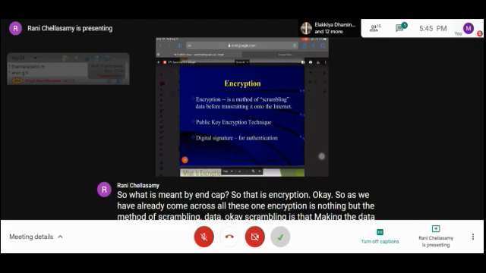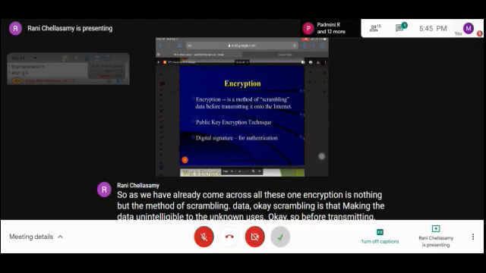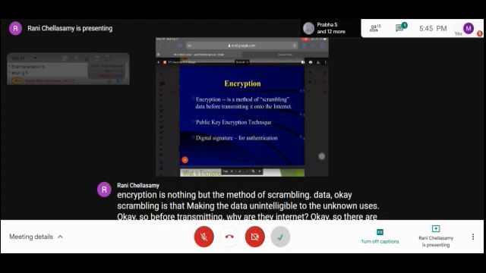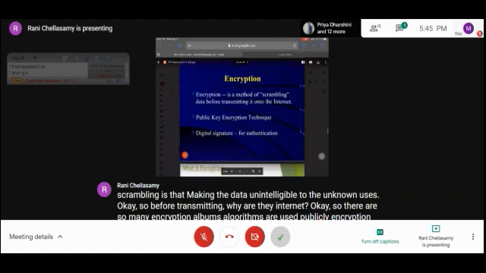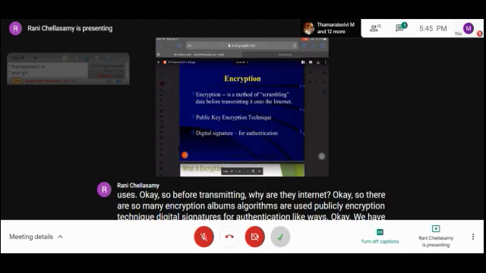There are many encryption algorithms used: public key encryption technique, digital signatures for authentication. Likewise, we have come across encryption algorithms like DES, AES. Digital signatures are mainly used for authentication purposes.